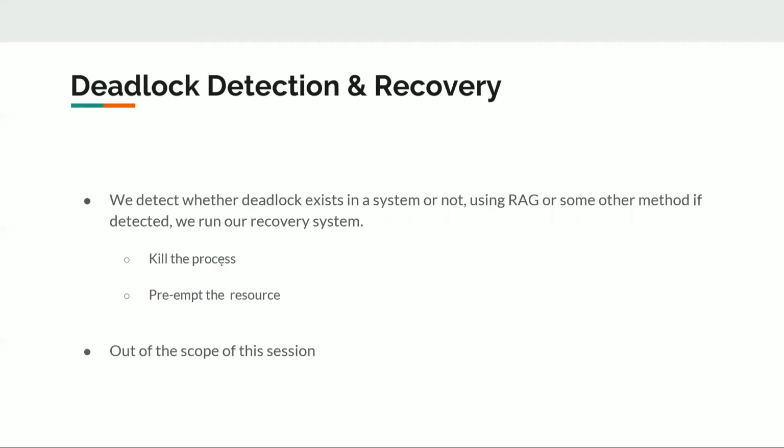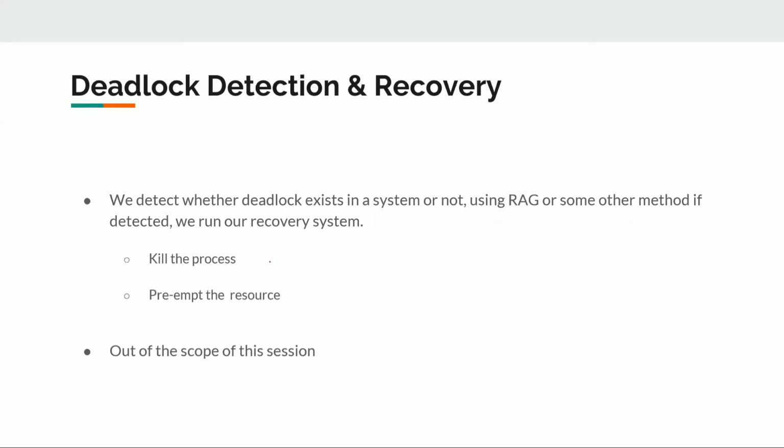Okay, the next thing is deadlock detection and recovery. Consider there is a deadlock that already exists in your system and we have to detect it. There are multiple methods to detect if there is a deadlock in your system or not, for example, resource allocation graph or Banker's algorithm table. Once you detect the deadlock, you have to run your recovery system.